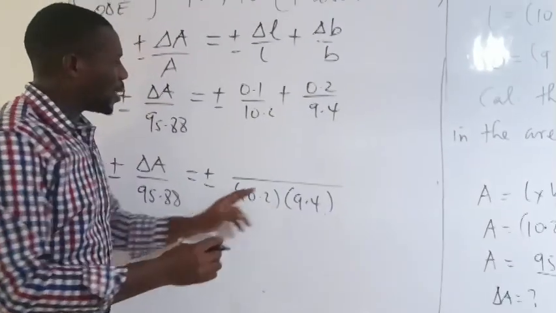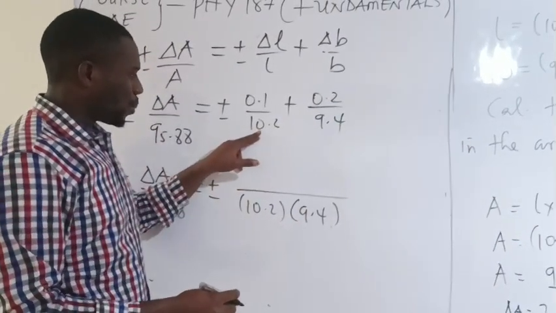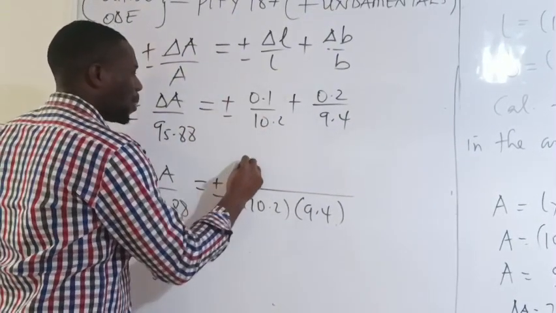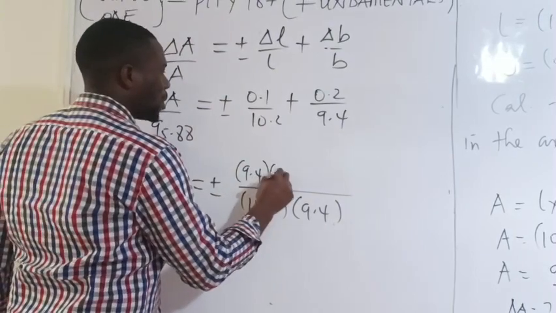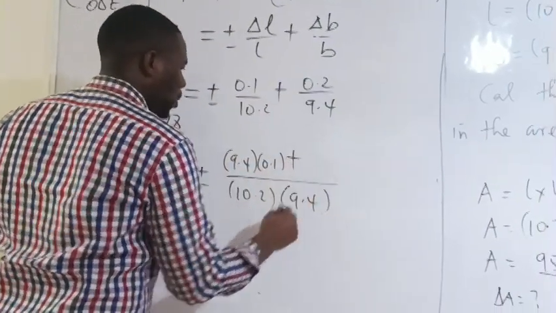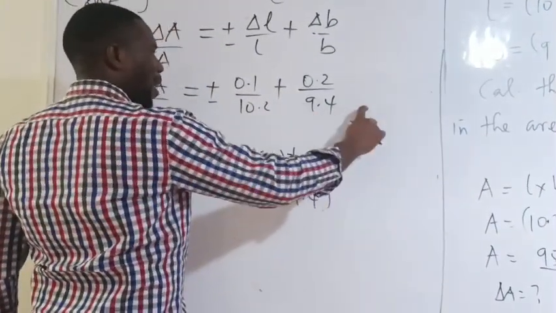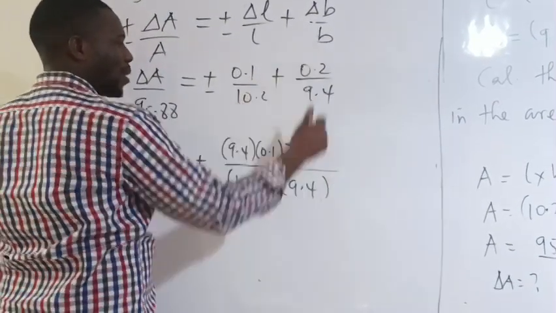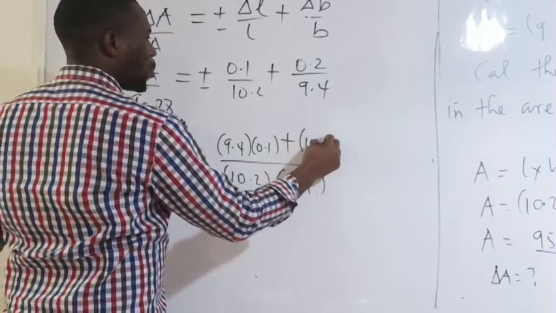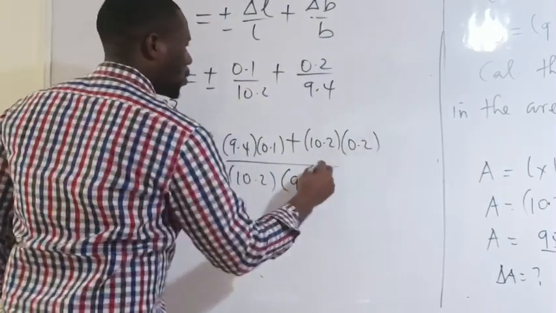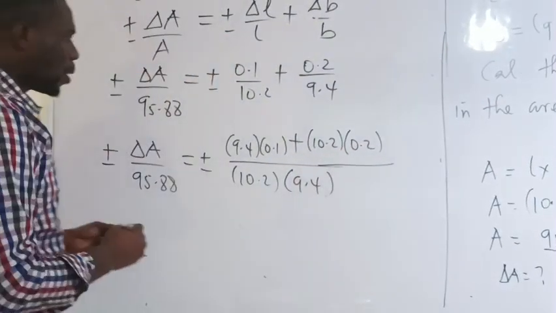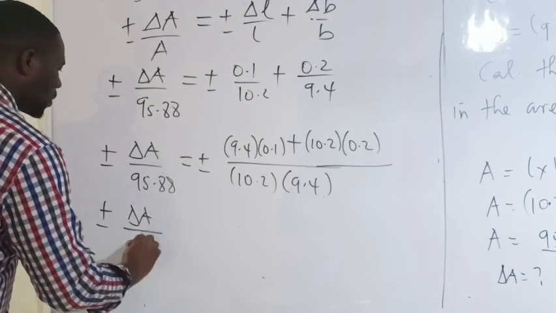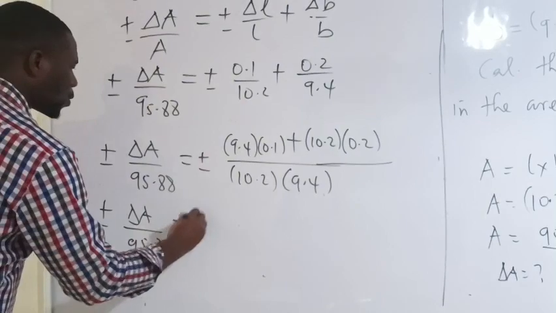When you divide the LCM by 10.2, 10.2 deletes out, so I'm left with 9.4 times 0.1. Then I have a plus in between. The LCM divided by 9.4, 9.4 deletes out, and I'm left with 10.2 multiplied by 0.2. Alright, so this is plus or minus, over 95.88, equals plus or minus.